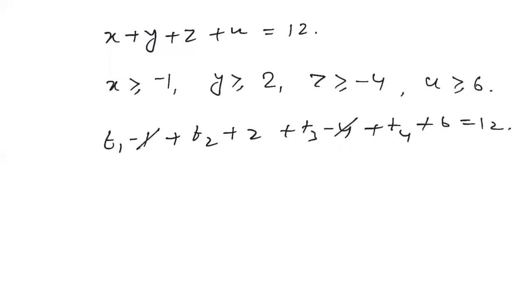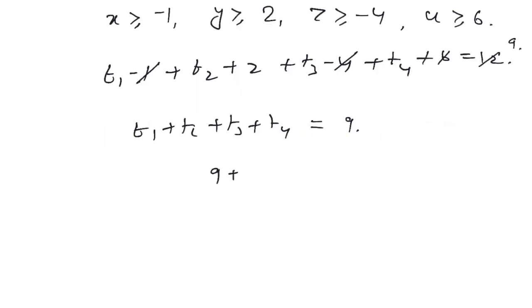Minus 1 plus 2 is 1, minus 4 is minus 3, plus 6 is 3, so this will be 9. t1 plus t2 plus t3 plus t4 is equal to 9. 9 plus 4 minus 1, C4 minus 1 is your answer: 12C3.